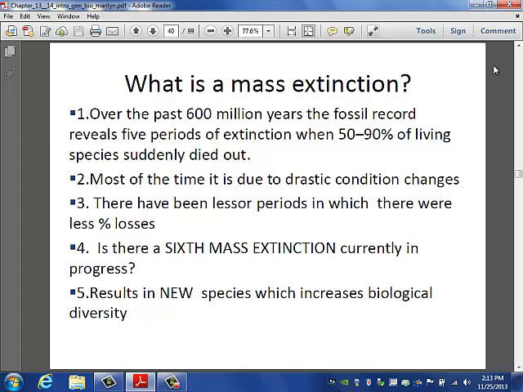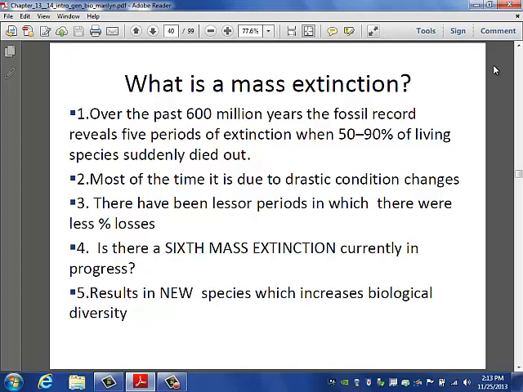Over the past 600 million years, how old is the Earth? Billions, 4 billion years old. Let's use that as an average, okay? 4 billion years. 600 million is pretty small compared, yes? See, it's a good thing you know math.